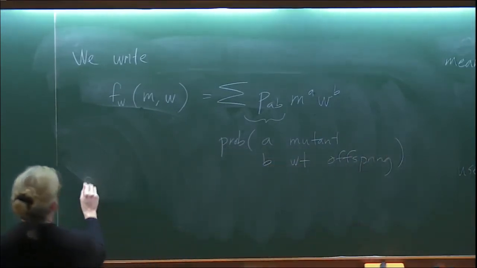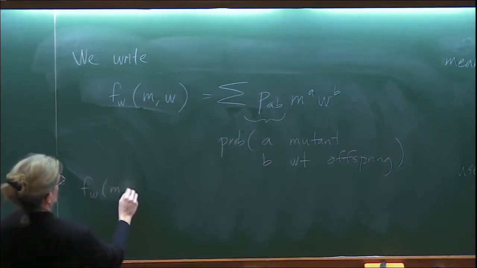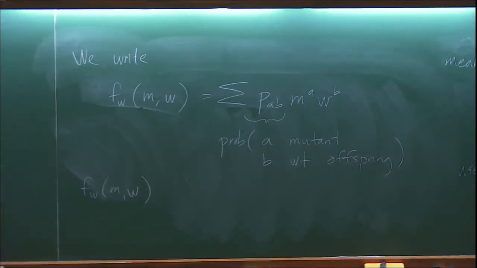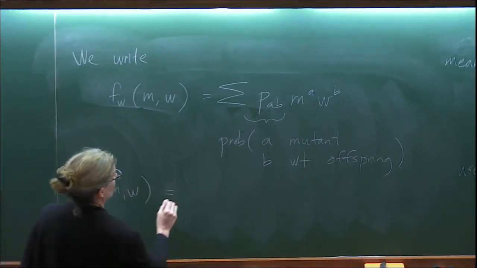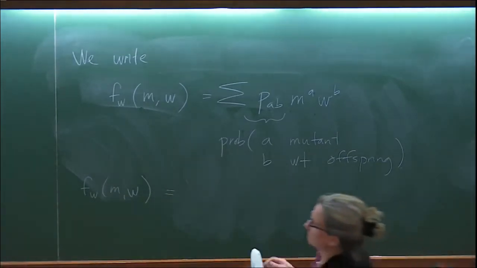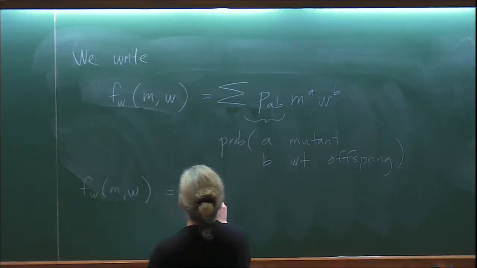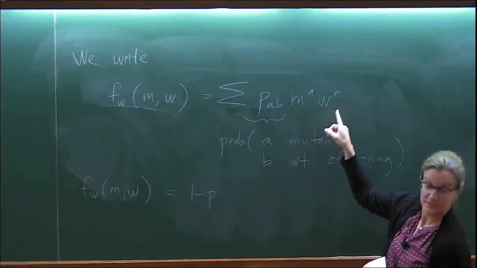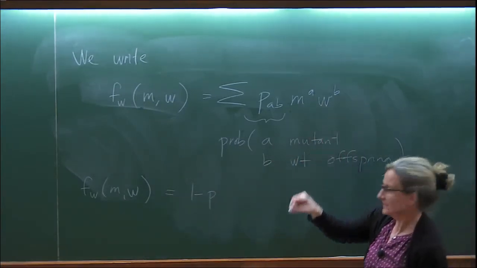So you should be able to write F_W. It's going to have 1, 2, 3, 4 terms. So go for it. Yeah, 1 minus p, coefficient of m to the 0, W to the 0. Yeah, exactly.